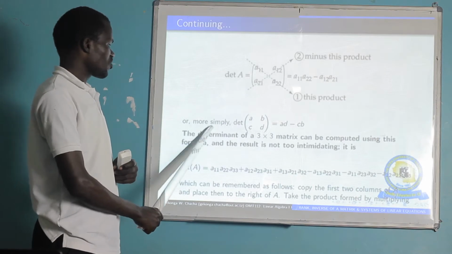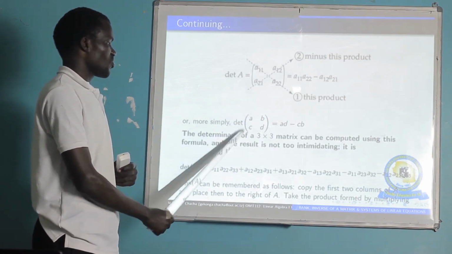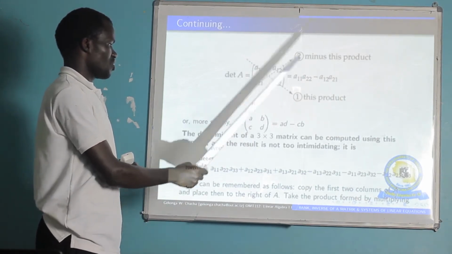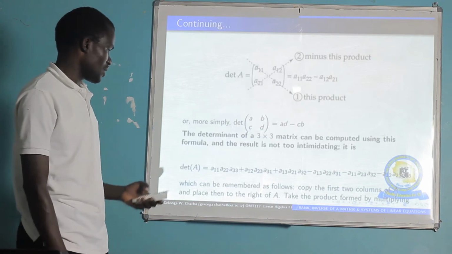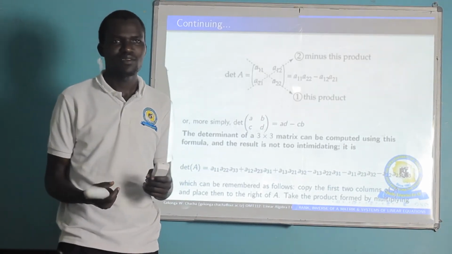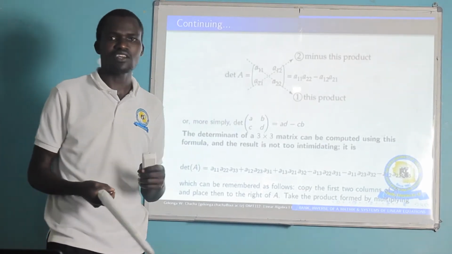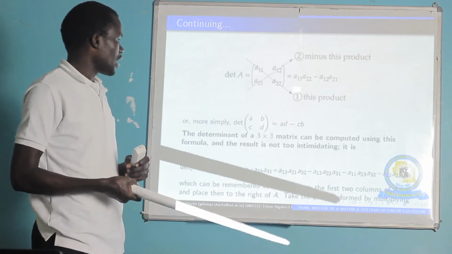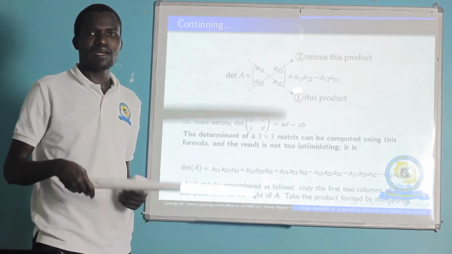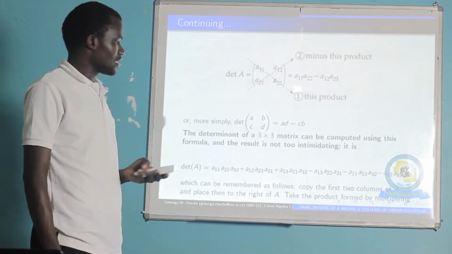Or simply, for the matrix with entries A, B, C, D, just take A times D minus C times B. Then you get the determinant. Finding the determinant becomes exhausting as the dimension of the matrix gets higher and higher. So that was a 2 by 2 matrix.